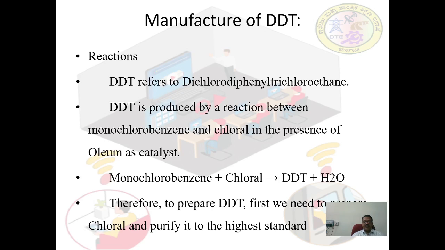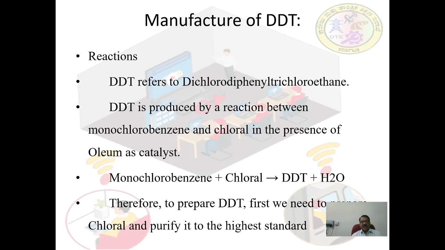DDT is produced by reacting monochlorobenzene and chloral in presence of concentrated sulfuric acid or oleum as catalyst. DDT stands for dichlorodiphenyltrichloroethane. The raw materials required for this production are benzene, chlorine, and ethanol.